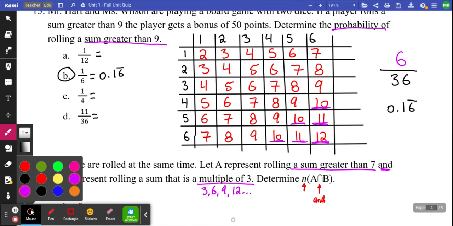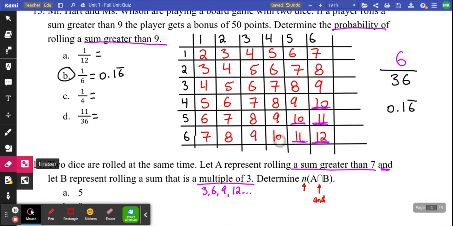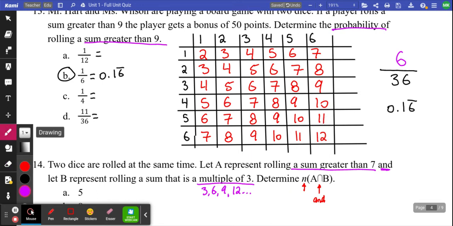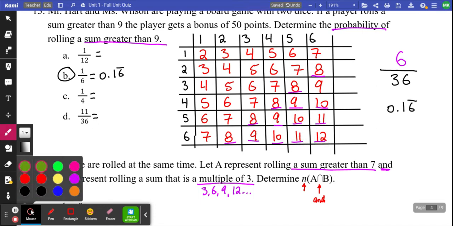Well, let's look back at our chart. Here's all the possible outcomes from rolling these dice, right? We want greater than 7. These are the numbers greater than 7, underlined in purple. And we want to be a multiple of 3. I'll underline those in blue.